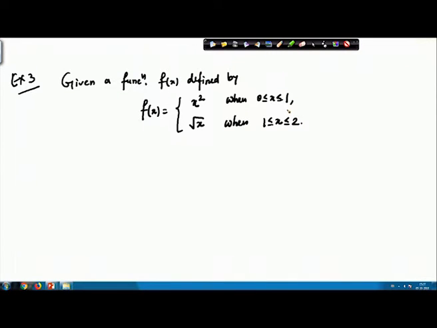Then we have to evaluate the integral from 0 to 2 of f(x) dx.